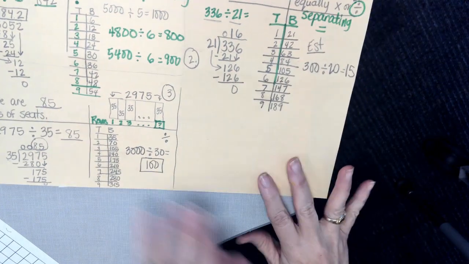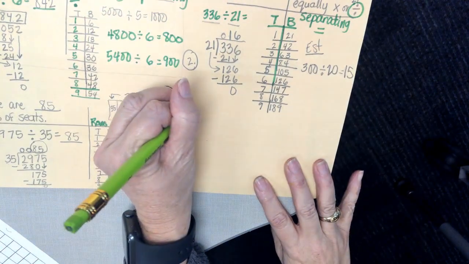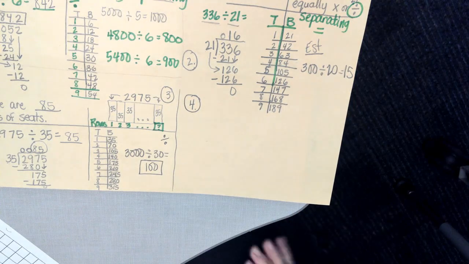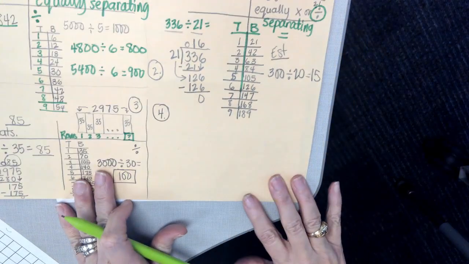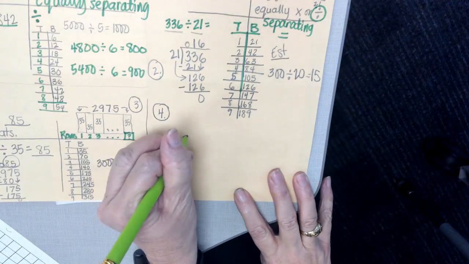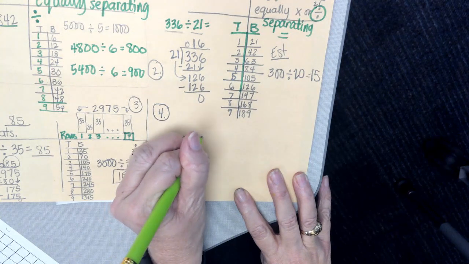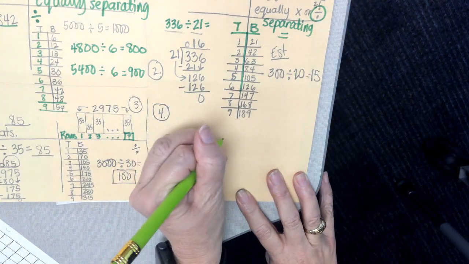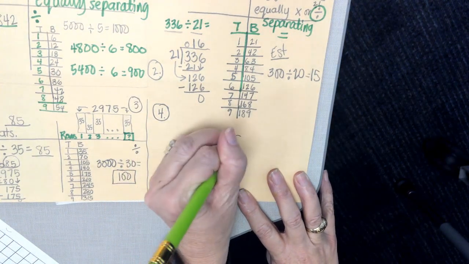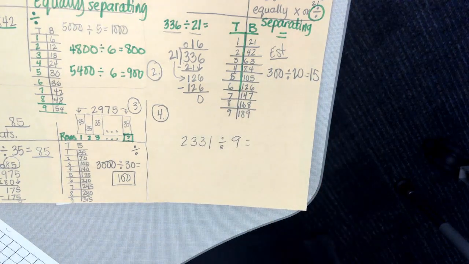Finally, your number 4. Your number 4 is just this question. 2,331 divided by 9. Now, if you're a good listener on this question, then you will find that number 6 is easy.